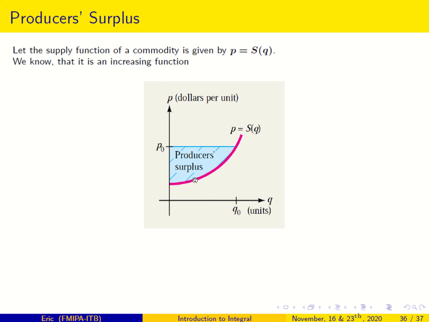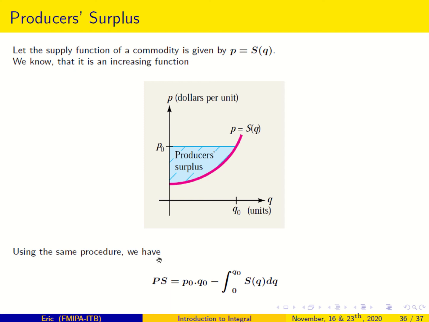So you are expected to have this, but if someone buys Q0 units, you have to sell at P0 dollars per unit. So this area is the actual revenue. You are expected to have this, but people pay this, and you have the producer surplus.